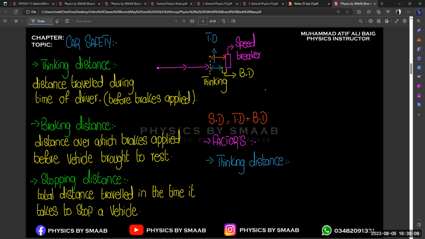What are the factors, sir, that actually affect your thinking distance? So let's suppose we consider a driver driving a car and we have to figure out what are the factors that are important for thinking distance, right? And one more thing that we observe from the definition is that thinking distance actually depends upon the reaction of the driver, right? That is, how fast or how slow the driver will react, right?